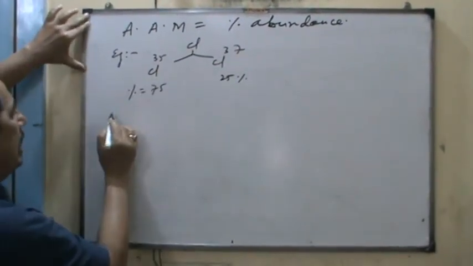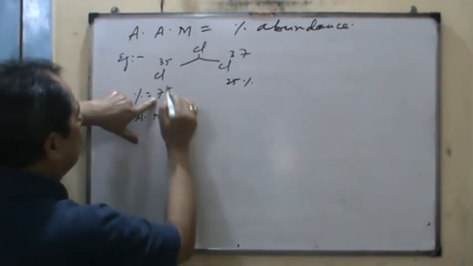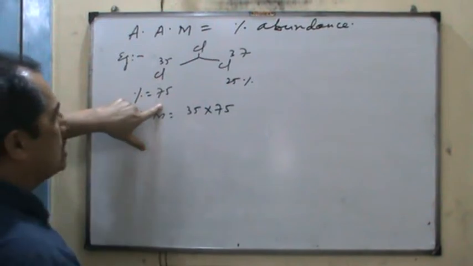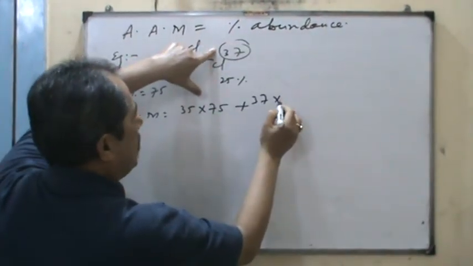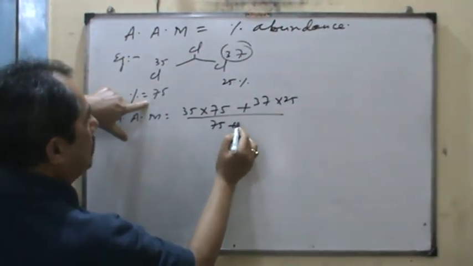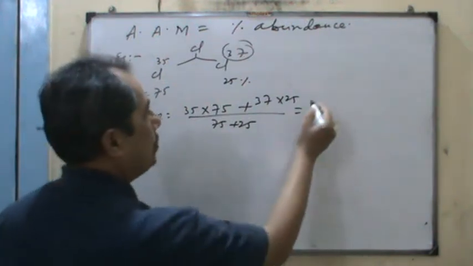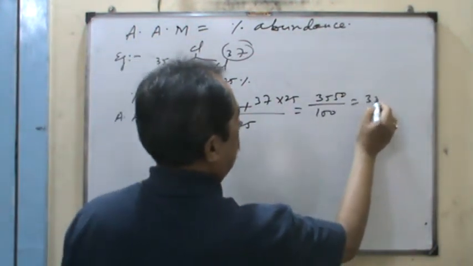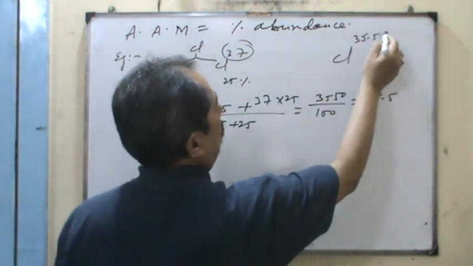So how can you calculate the average atomic mass? The atomic mass 35 of that element to be multiplied by 75 plus 37 multiplied by 25 and sum of their abundance 75 plus 25. After solution you will get 3550 upon 100, 35.5.